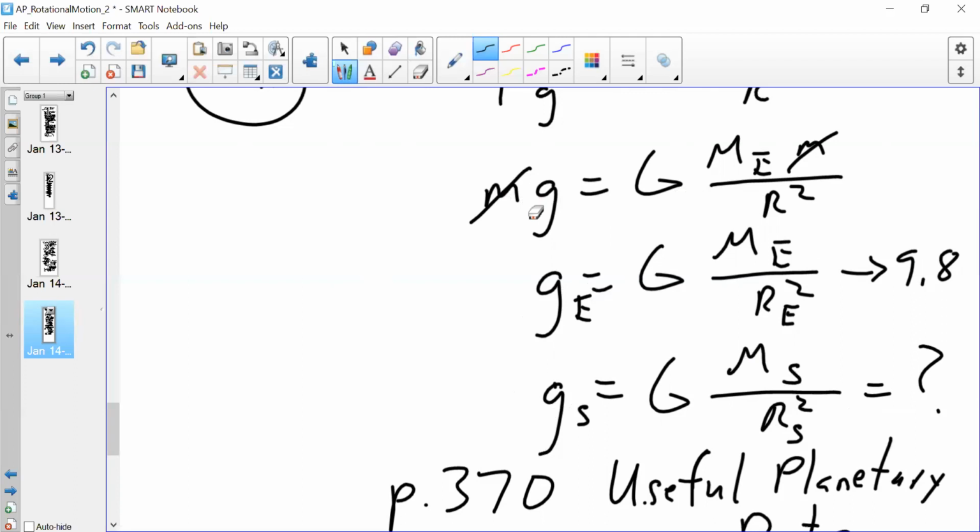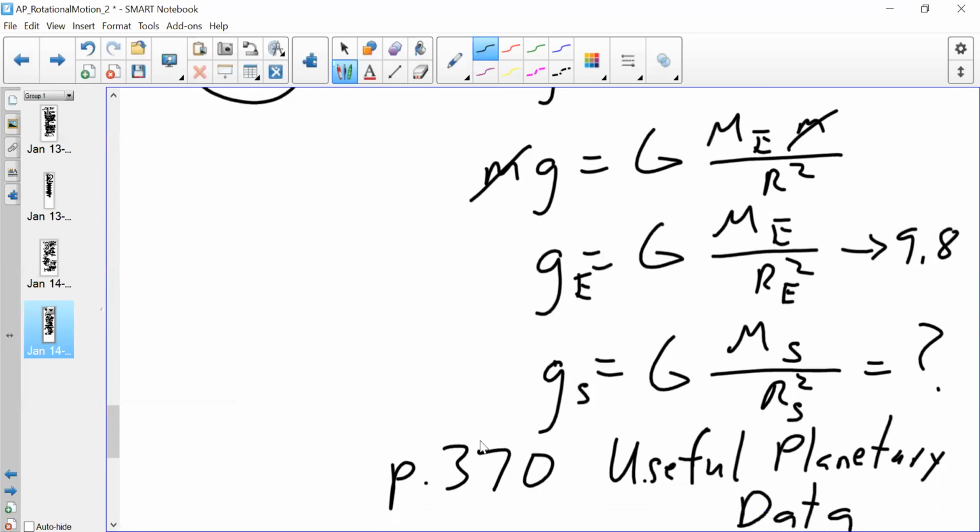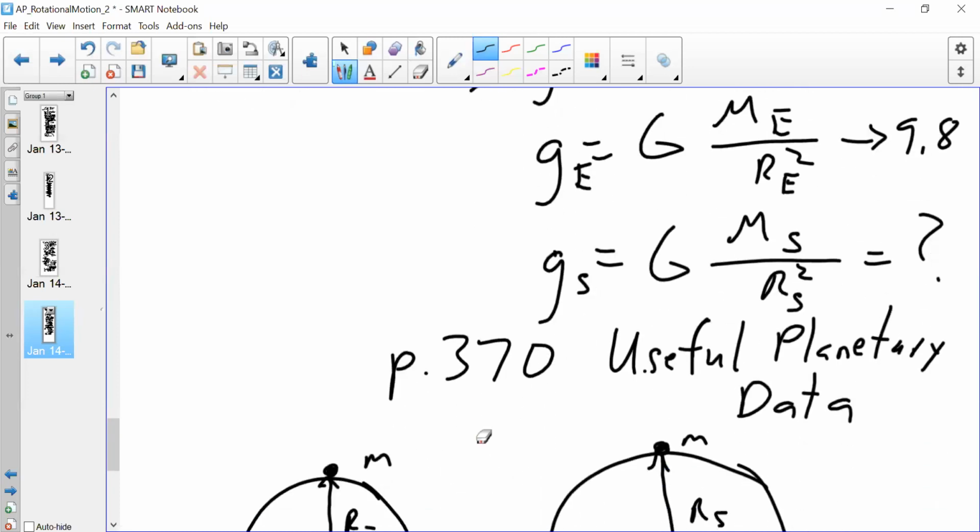We know that the local force of gravity is going to be m times g. And so I'm going to set that equal to the universal gravity equation, and the m's cancel out. We're trying to solve for g on Earth, and then likewise the gravity on Saturn. And in order to get the mass of Earth and Saturn, you can go to page 370 to get that data.